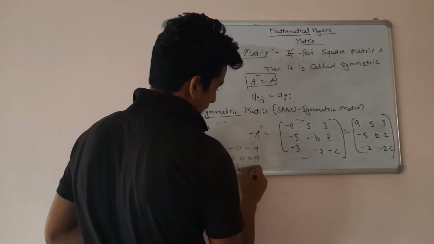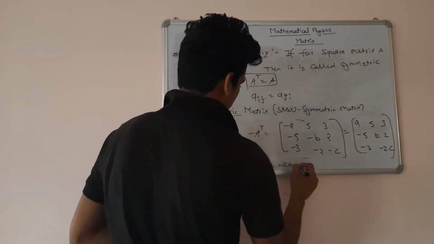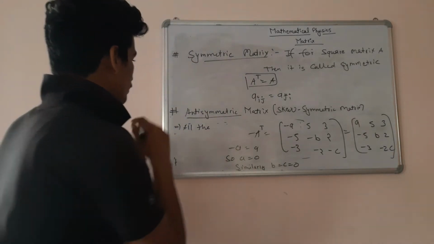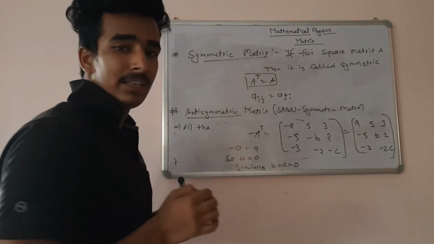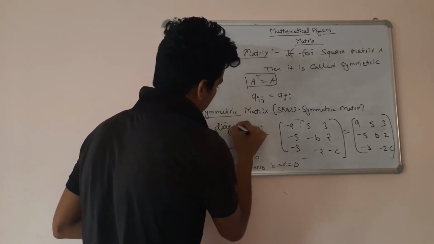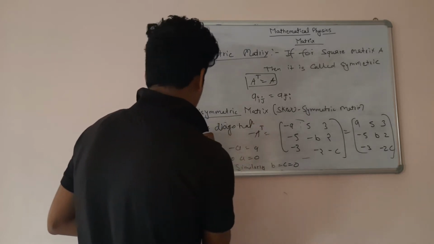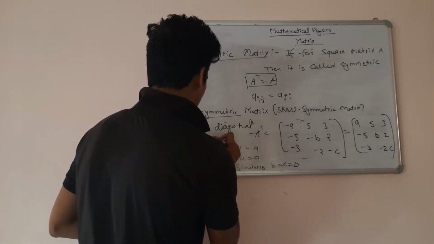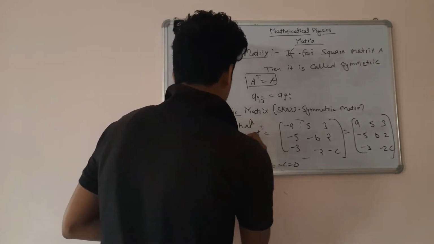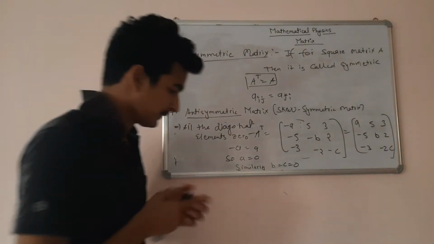Similarly B and C should all be 0. So note this property, this is very important.